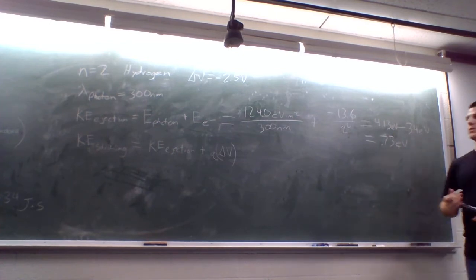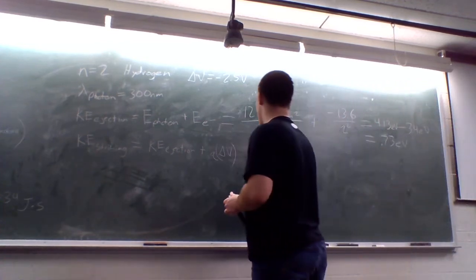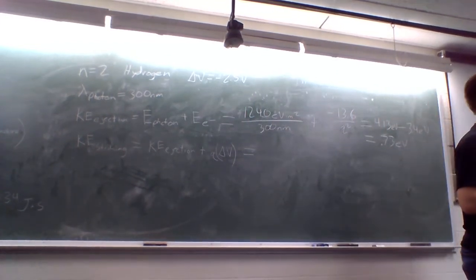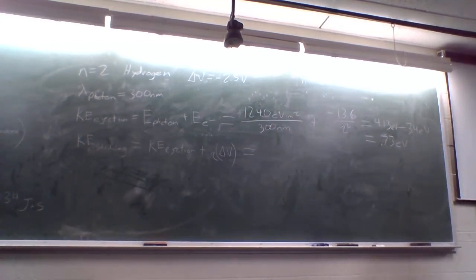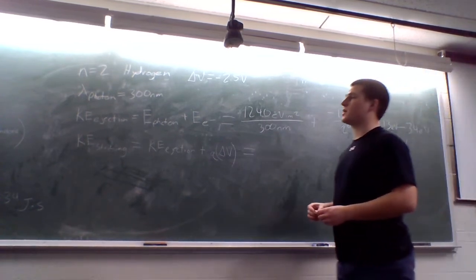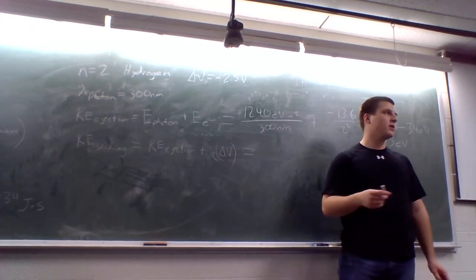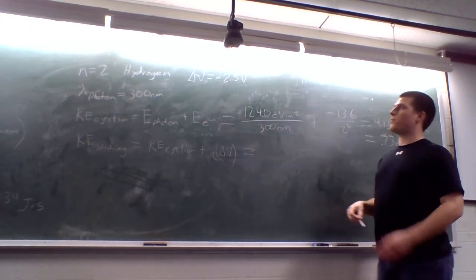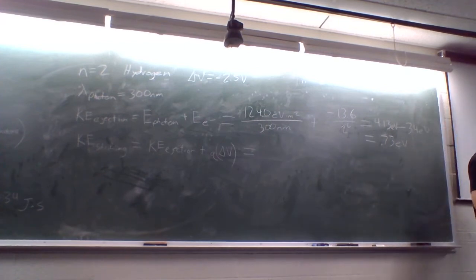So now what we have to do is find the kinetic energy when it is striking some sort of plate that's giving some sort of potential. In this example, I'm going to say that it is attracting the electron, and therefore the potential is negative 2.5 volts.